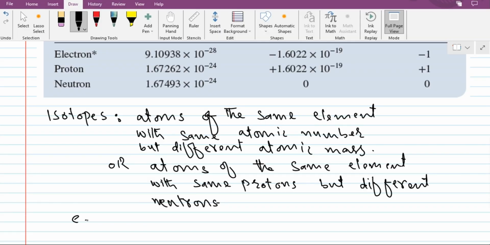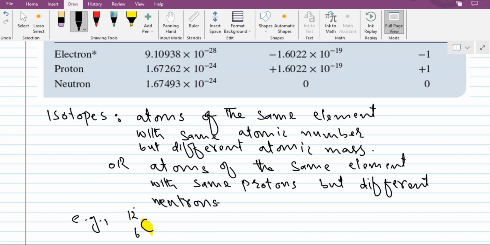Next, we must discuss the representation of an element. For example, I'm talking about carbon. It has 6 protons and a mass of 12 nucleons. Remember, in the periodic table this is the symbol of an element.